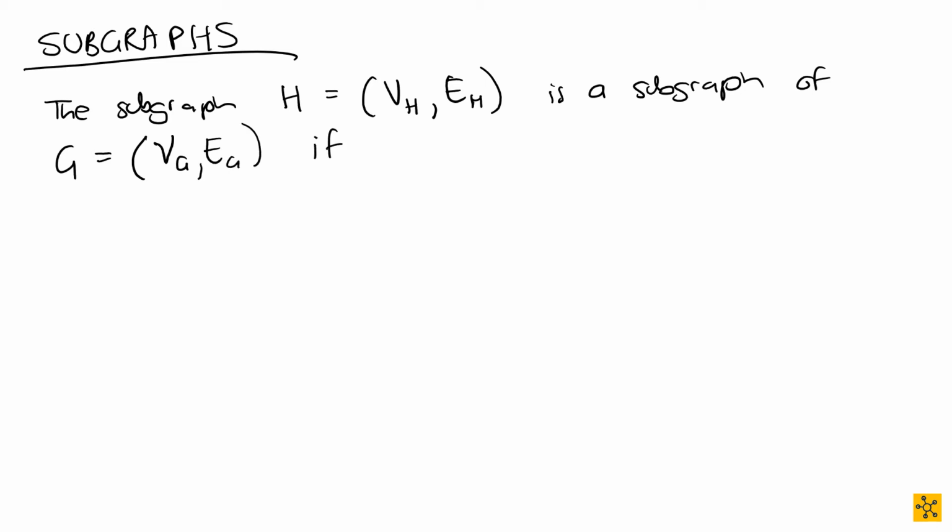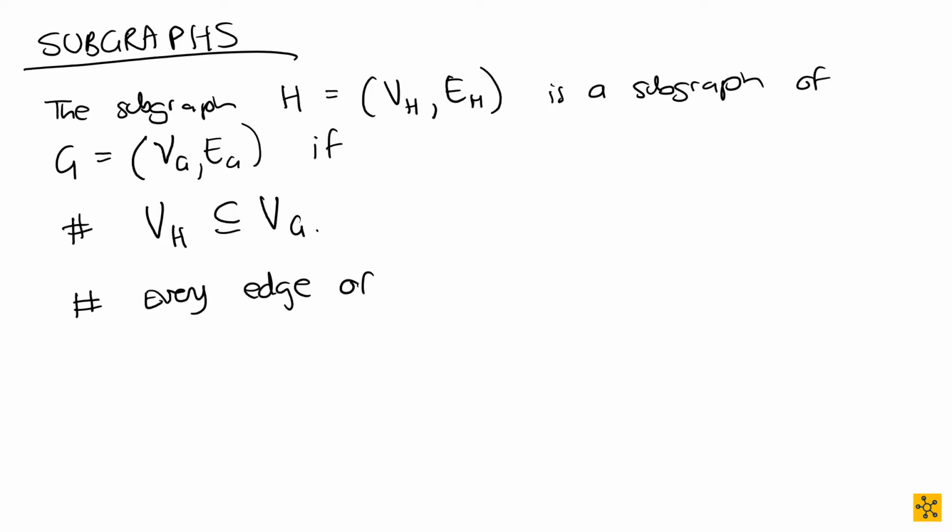And conditions are if the vertex set VH, in other words, the vertex set of the subgraph, is a subset of the vertex set of G. And every edge of H is also an edge of G. Now, we could also have simplified that.